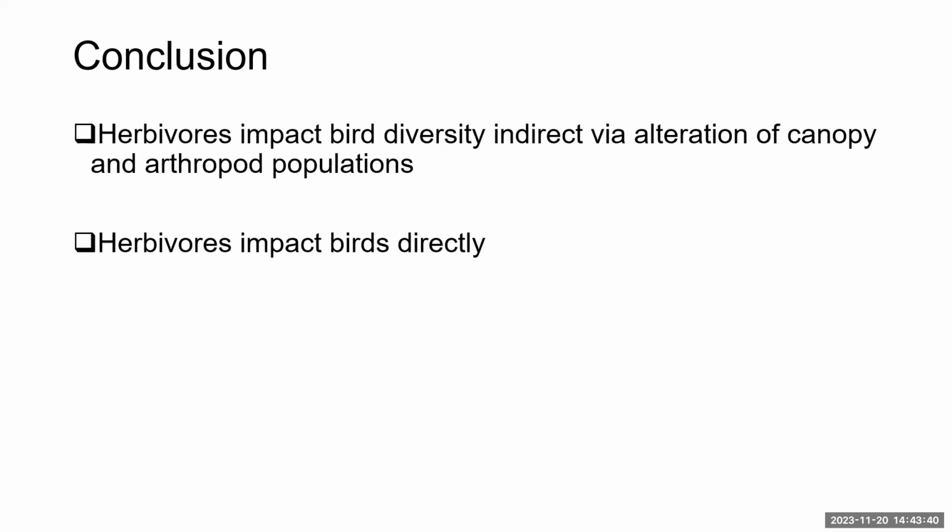Maybe the system has communities that really benefit from having large herbivores around. For example, shrikes that forage by following other species that are eating the vegetation and flushing arthropods. So things like that may benefit by following large herbivores.